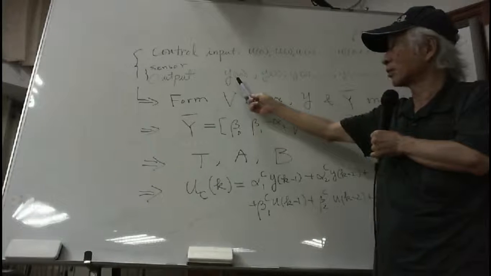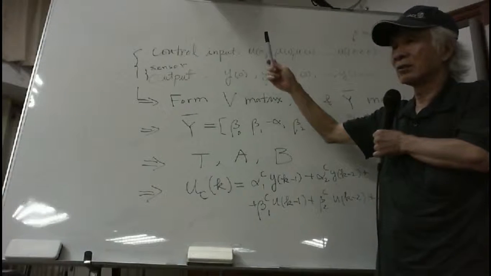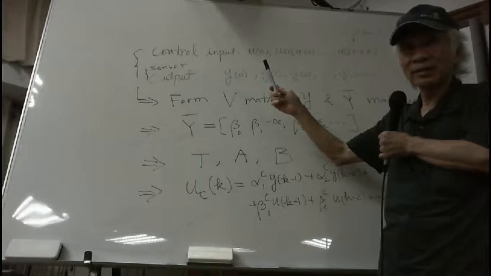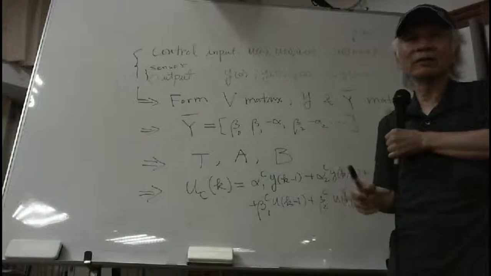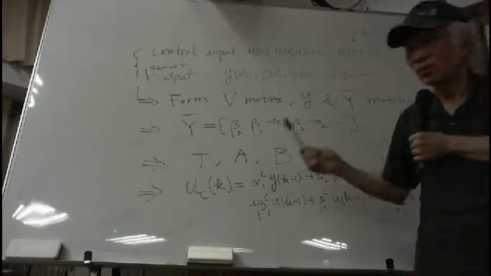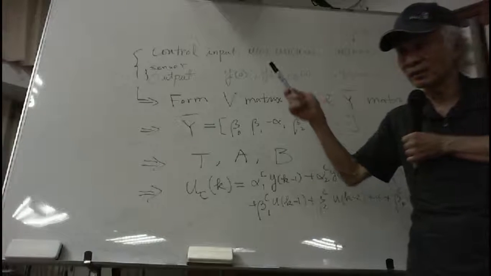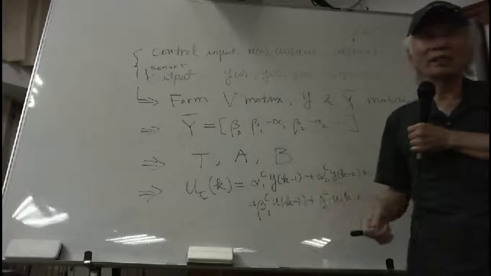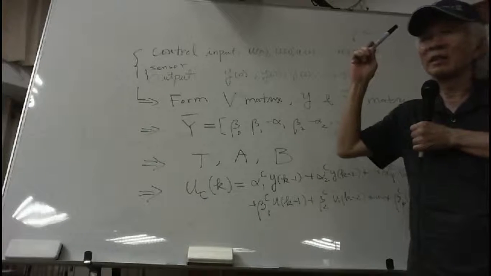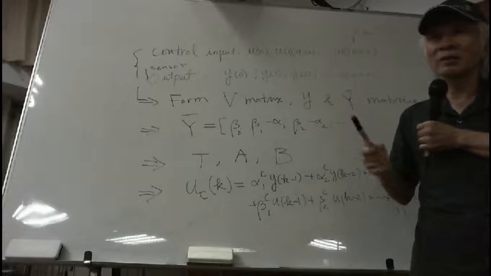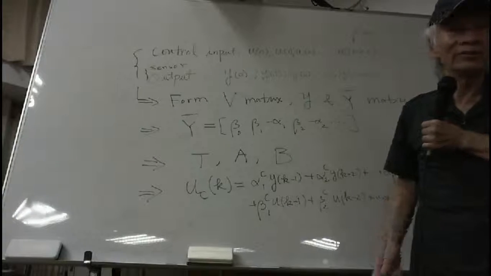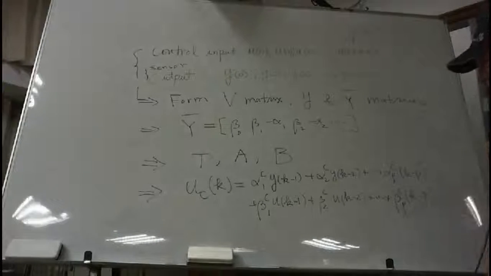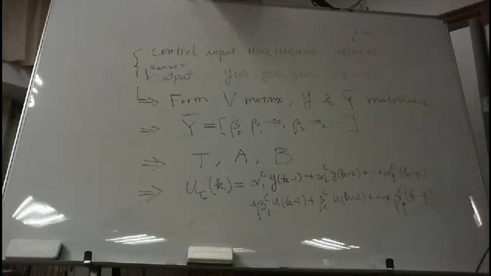These responses include the responses from unknown disturbances and your system responses. Unknown disturbances, for example, an earthquake, or when you sit inside the airplane, you have some disturbances from outside the air. Okay? You finish that? Okay?